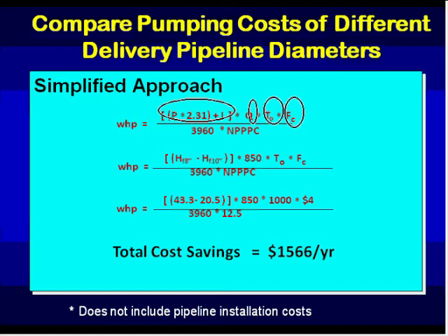But if we do this calculation, the water horsepower hours that we're going to get here and the cost of fuel that we're going to get associated with it is $1,566 per year by multiplying by the fuel cost that we're going to have here. Now, these numbers have all not included the pipeline or the pipeline installation cost.